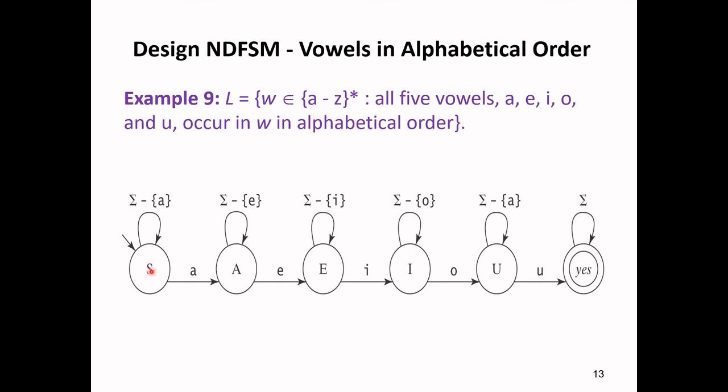So in the initial state, we will be having a self loop on sigma minus A. After having A, we'll have all the possible symbols of sigma excluding E. Next, excluding I, excluding O, excluding U, reaching the final state.